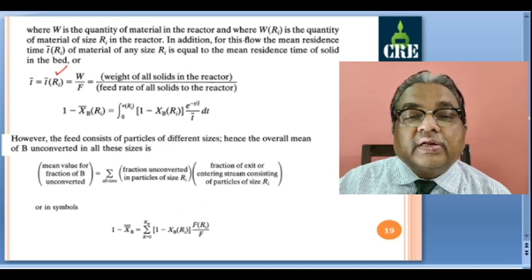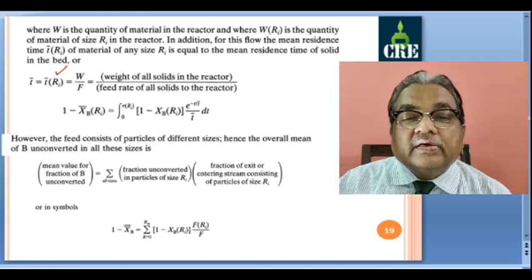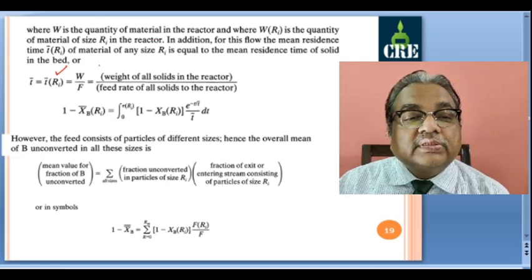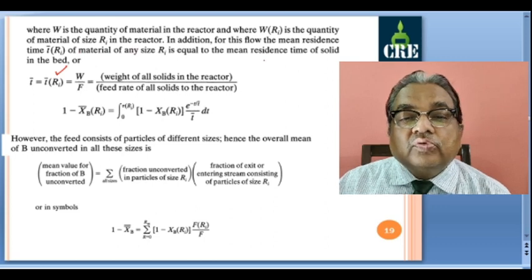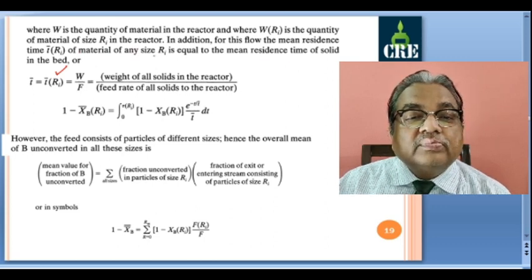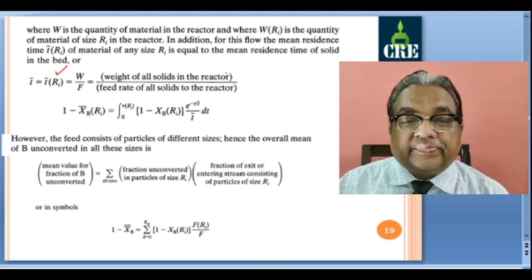W is the quantity of material in the reactor, where W_Ri is the quantity of the material of size Ri. In addition, for this flow, the mean residence time t bar Ri of material of any size Ri equals the mean residence time of the solids in the bed.